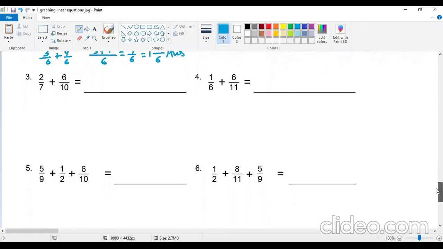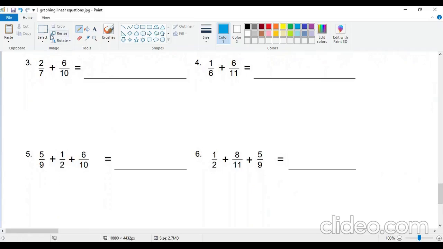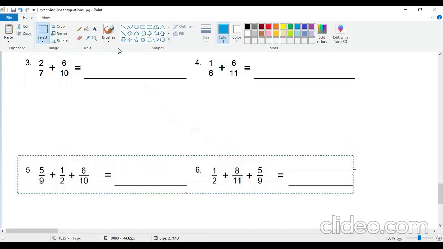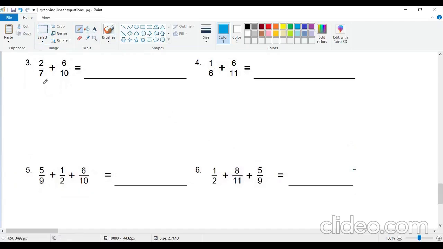Moving ahead with the next question, I'll pull this a little down. Same trick we will apply as 2 over 7. I will write 3 over 5 because 2 times 3 is a 6, and divide by 2 is going to give us a 5. This number is going to multiply by 7.